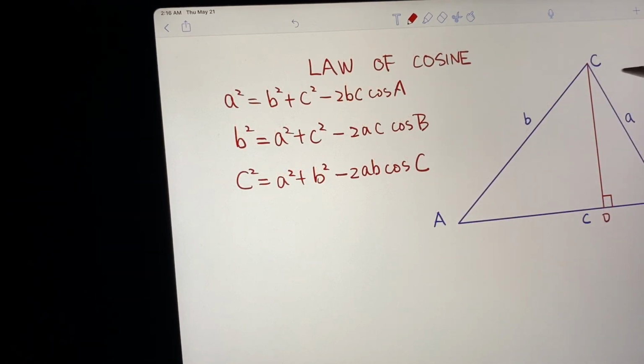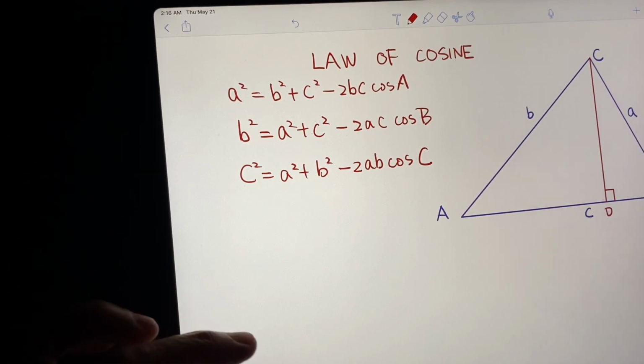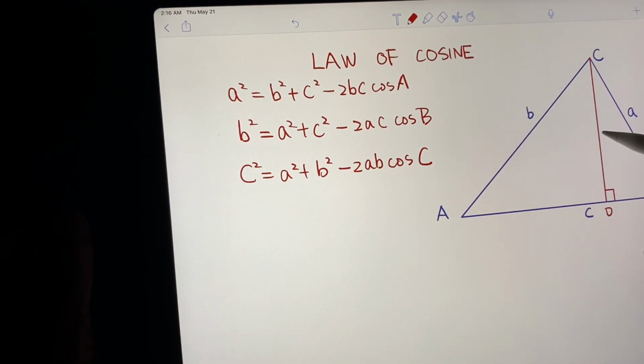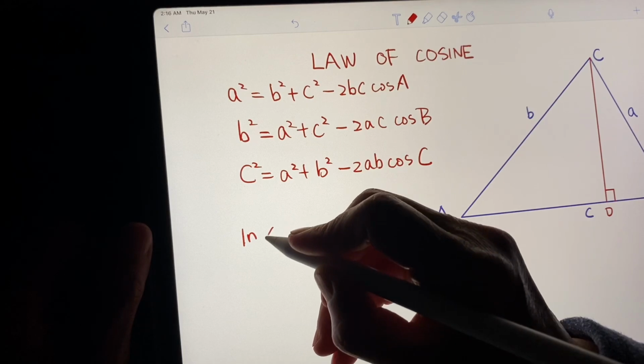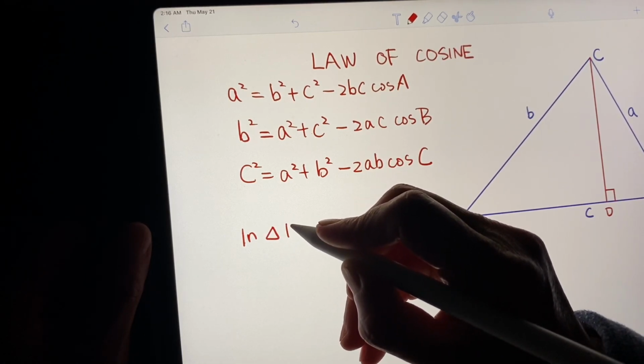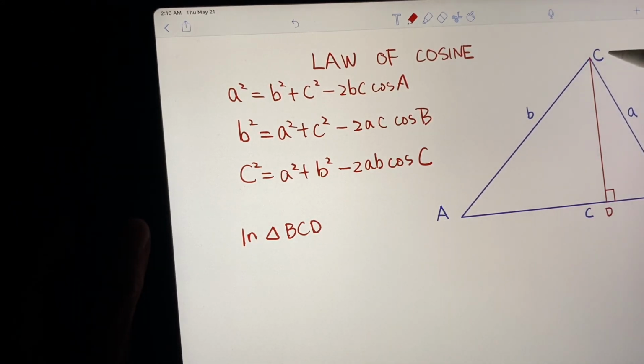Let's continue. So this is the height. Height can be expressed in different ways. I will want to express the height within this triangle BCD.